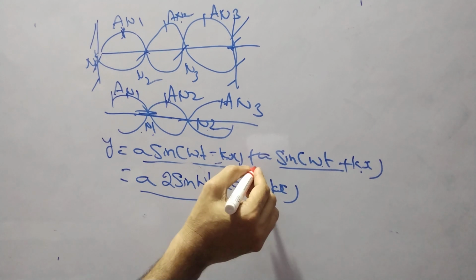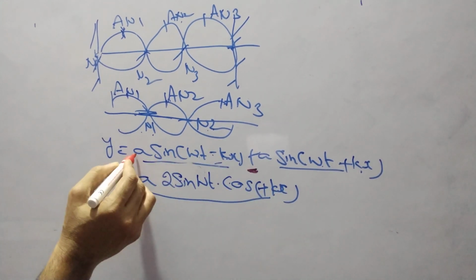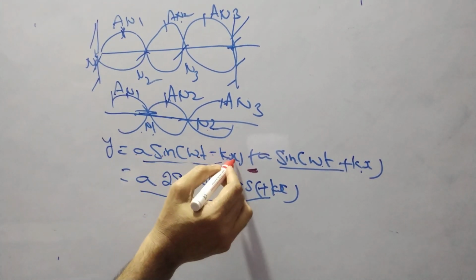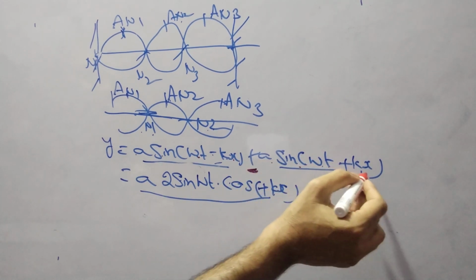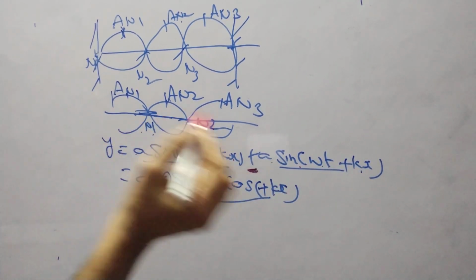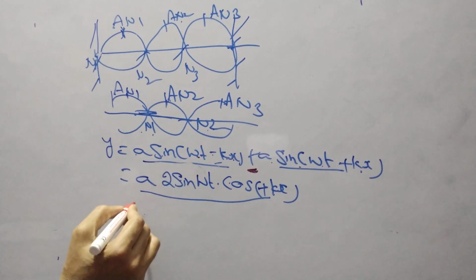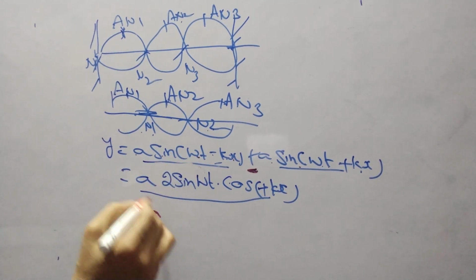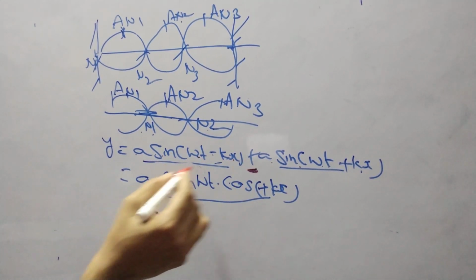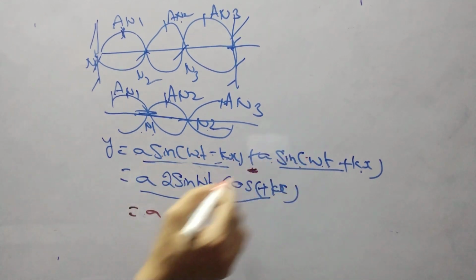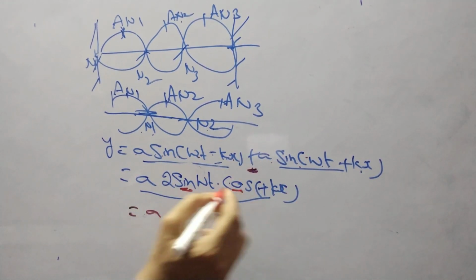Whenever the end is fixed, this is minus. One equation is a sin(omega t minus kx), minus a sin(omega t plus kx), these are the equations for a fixed end. So when you add these two, this I am writing with another pen here. So this will be sin c minus sin d is 2 cos, so this will be cos, this will be sin.